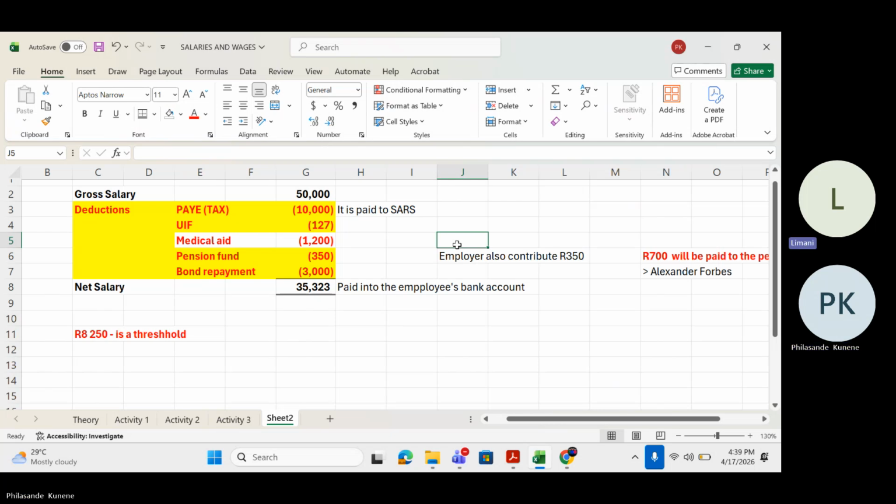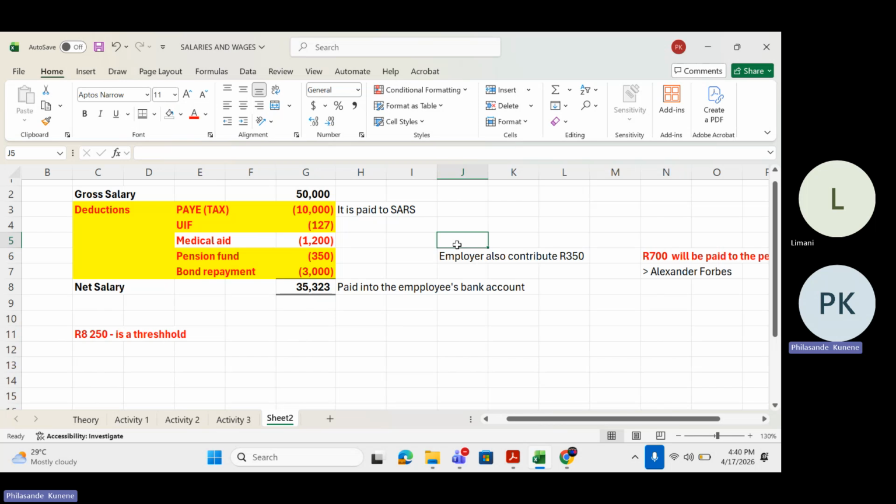Aren't we usually, when we do the salaries journal, always given specific amounts of how much the employer and the employee must contribute, like a percentage, to either UIF, medical aid, or pension fund, or is there a specific percentage that must always be contributed?